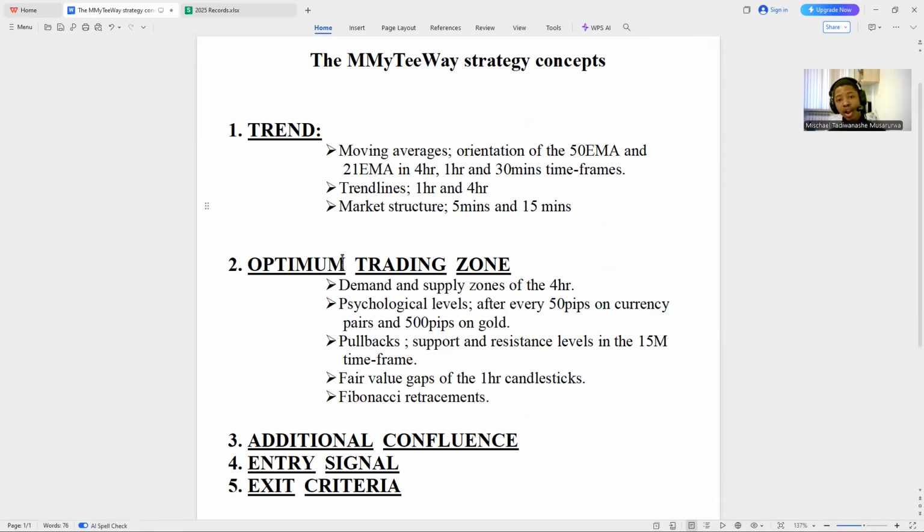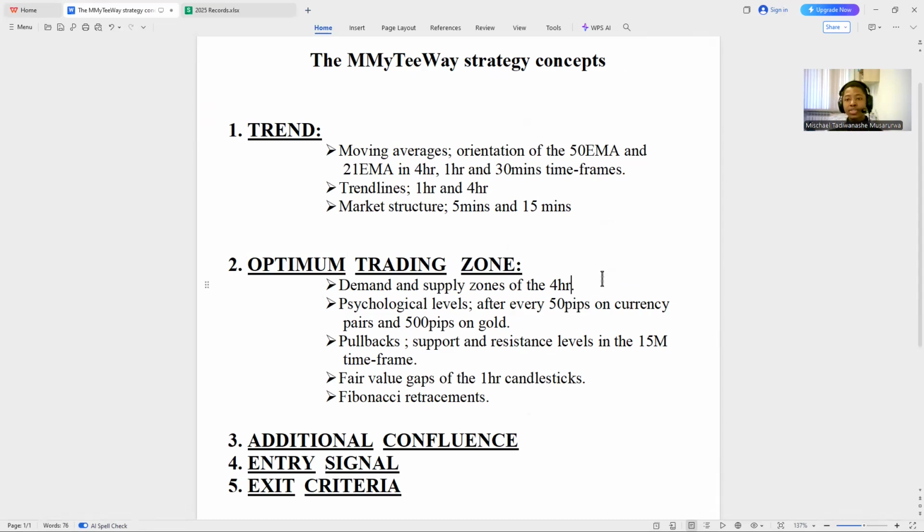This will just show you how these optimum trading zones are very influential in the markets, right? They are strong confluences in a market. Why?